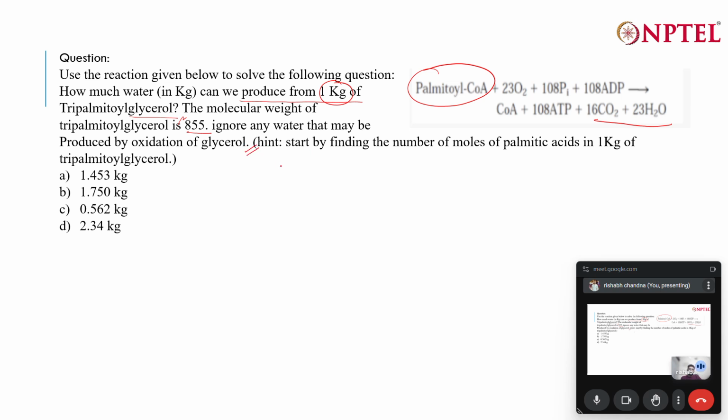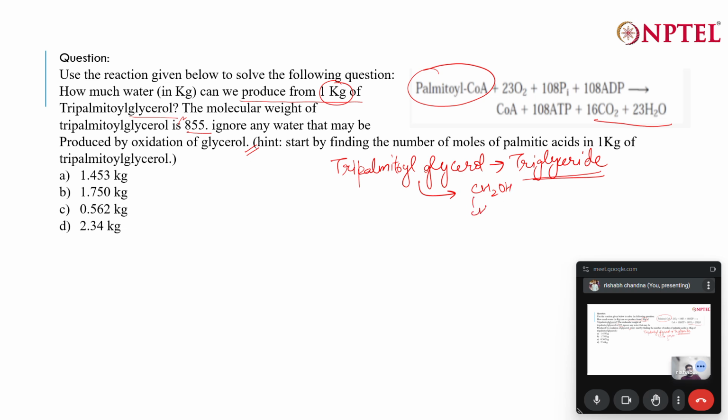So how can we solve this question? First we have to check what tripalmitoyl glycerol is. This is basically a triglyceride, so it will have a glycerol. This is a glycerol molecule, and it will be linked to the palmitic acid.